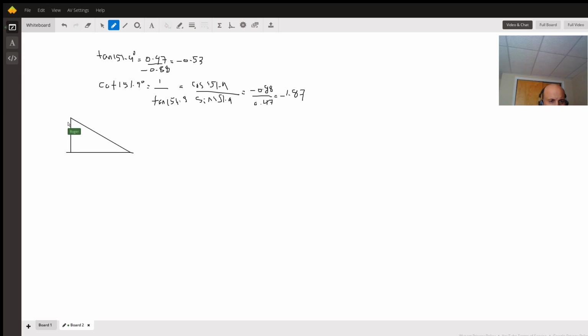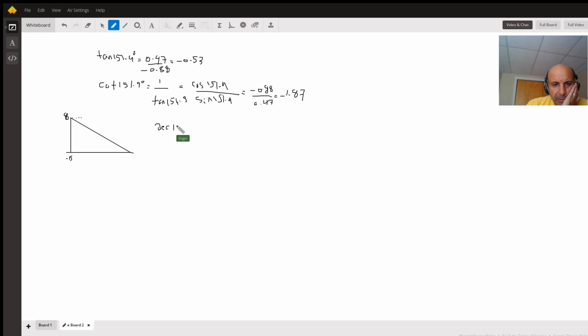And so this is negative 15 and 8. Okay, positive 8 right here. So what would be the secant, which is the fifth property?